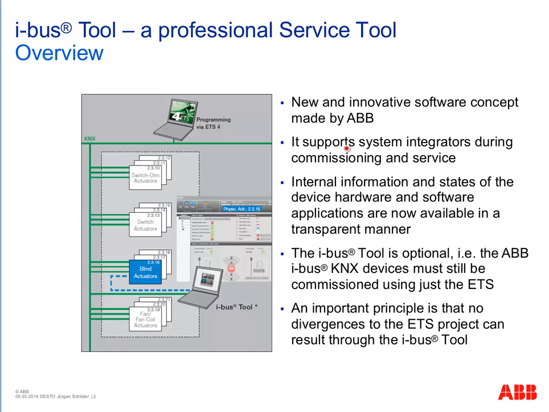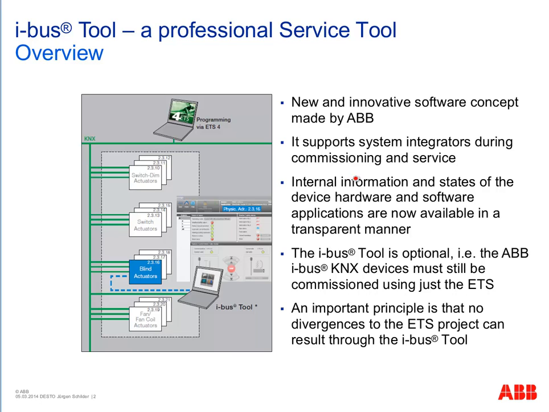We have a lot of KNX devices with status bytes and other things, and this IBAS tool gives really more information about the status of the hardware and also about the software application in an easy and transparent manner. So we can read, for example, the status byte not as bits, but as clear text.